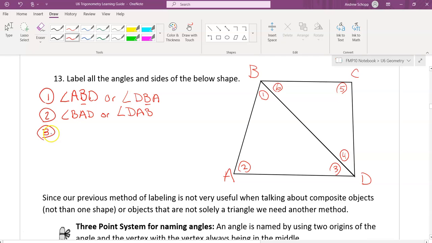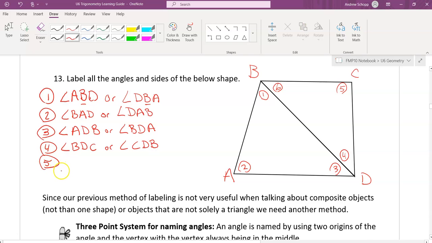For angle 3, we have angle ADB or angle BDA. For angle 4, we have angle BDC or angle CDB.